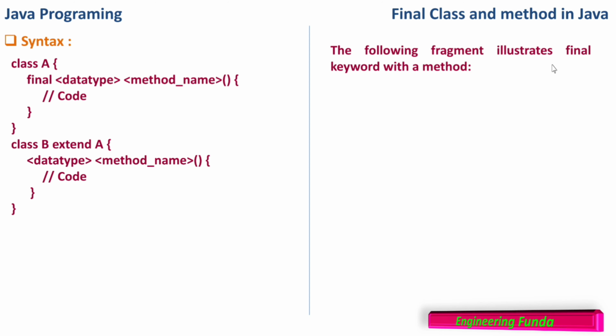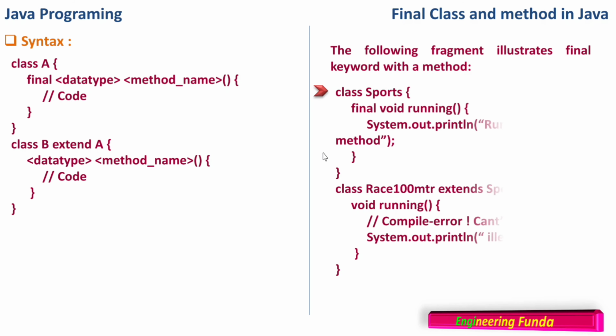The following fragment illustrates the final keyword with a method. There is this class Sports and there is a method running which is final, and this method has just one print statement. Now there is another class Race100Meter which extends Sports.